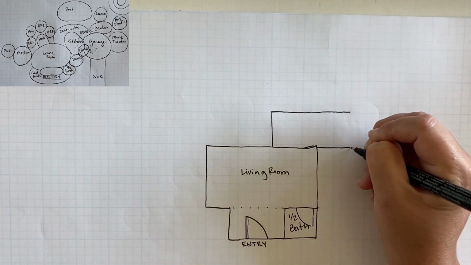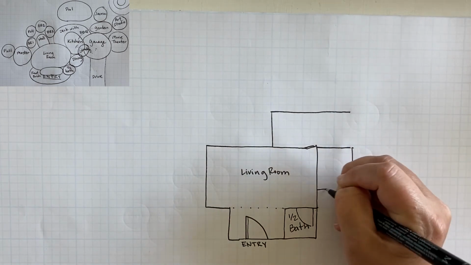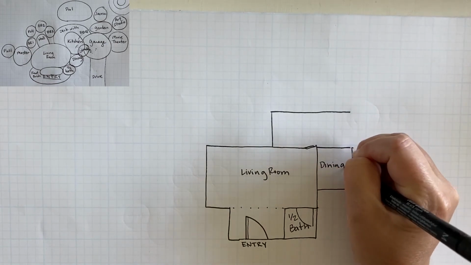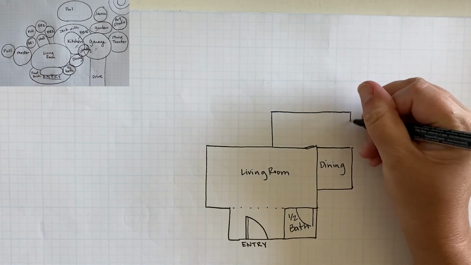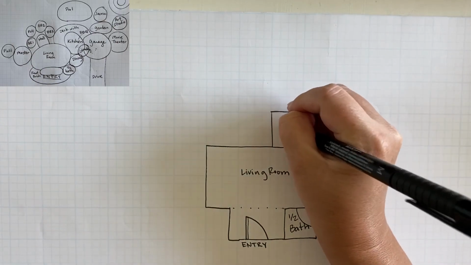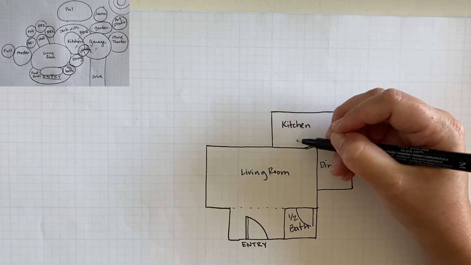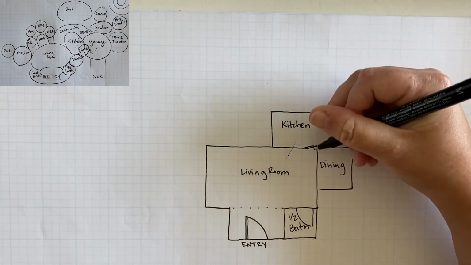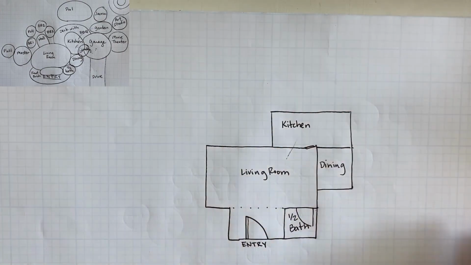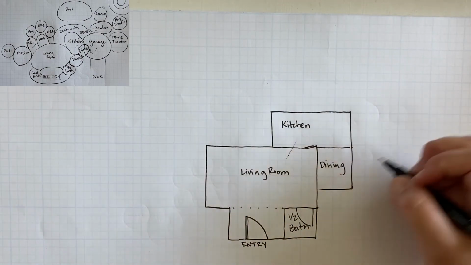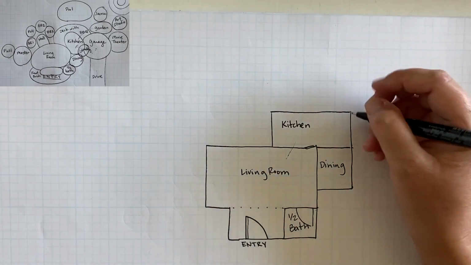And then our dining room could be off from here. Then maybe you can get from the kitchen to the living room, dining, kitchen to dining, that way. While we're over here, let's put in our garage.